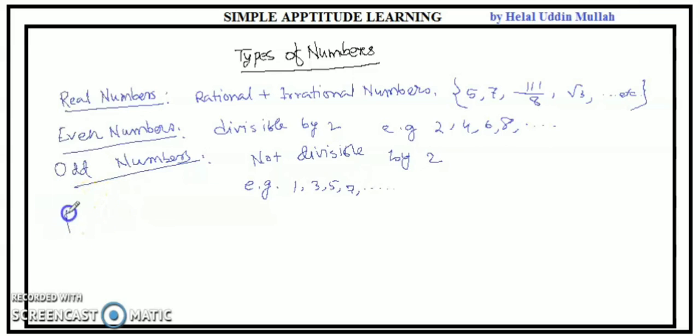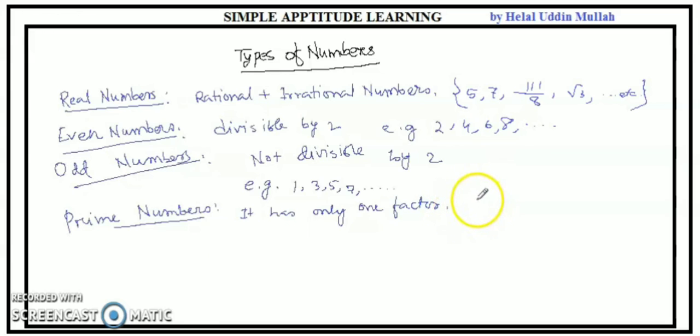Prime numbers are those numbers which have only two factors. Factor means the number can be divided by that value.